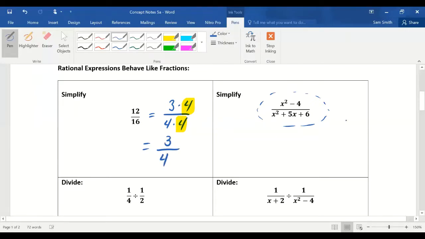Now, what's the secret? We're going to apply the exact same process to this fraction with variables in it. We're going to factor, and we're going to cancel common factors, just like we did when there were numbers involved.